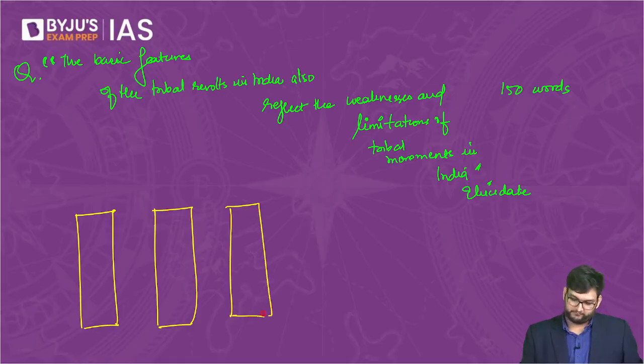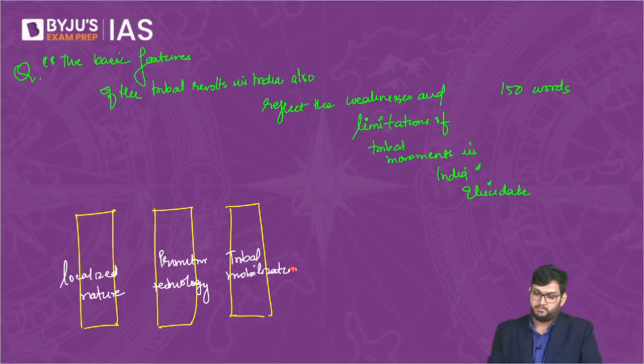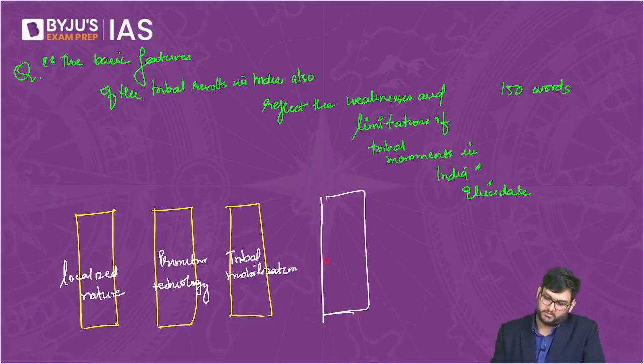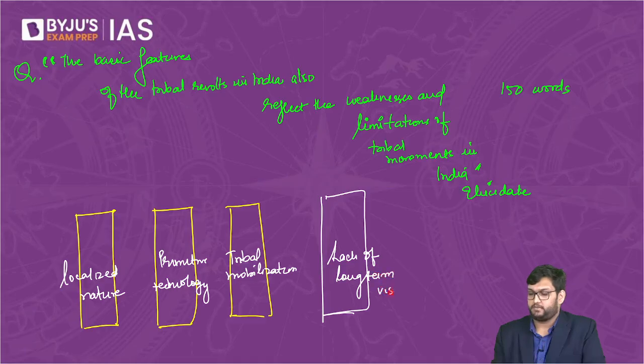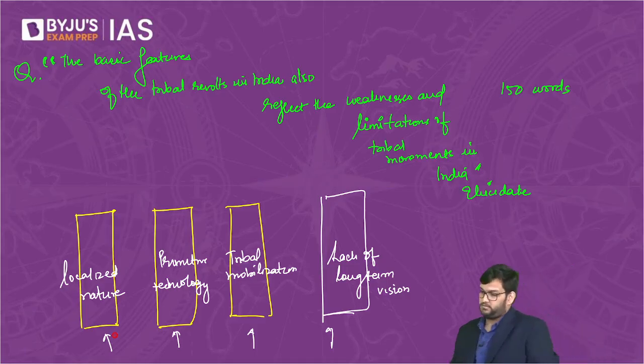You have localized nature, primitive technology, tribal mobilization, and lack of long-term vision. Elucidate means to elaborate. You have to give me examples. Can you write this type of answer? Yes? Okay.